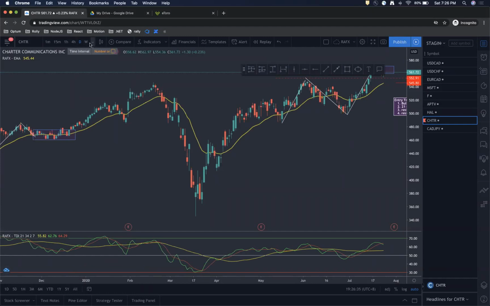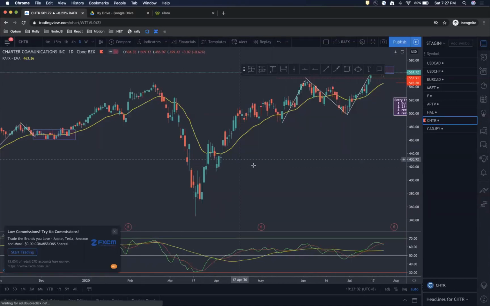And the weekly time frame is basically to confirm the trend, because as we always say, the trend is your friend. 80% of my trades are with the trend, and about 30% I do set up for counter trend. Okay.